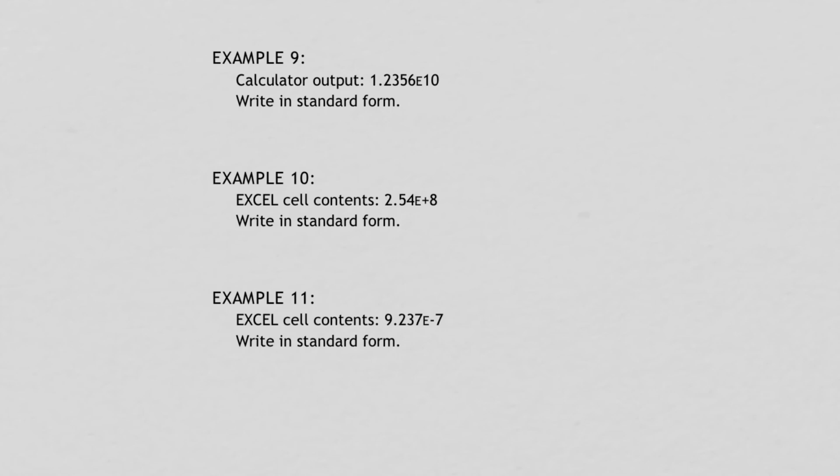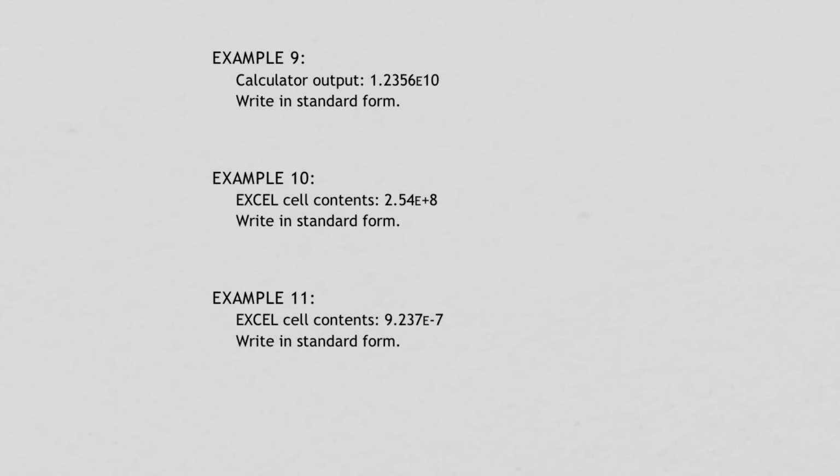And then after the e will be the exponent. It might just have a number, like in example 9 here, 10. That would be positive 10. It might say plus, like in example 10 plus 8. That would be positive 8. If it's negative, it will definitely say negative 7. Okay? So if there's not a plus or minus out front, assume it's positive.